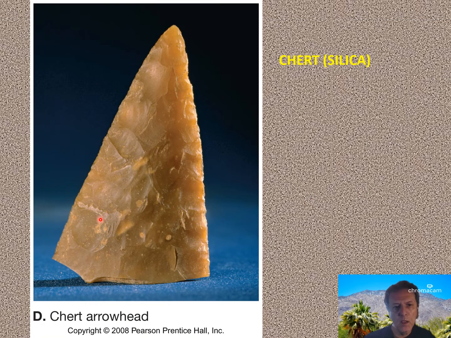Another type of biochemical rock is called chert. Chert, as you might guess, is sort of similar to, remember obsidian? Obsidian's that volcanic rock, it's very glassy. Chert is pretty similar. It's actually made of silica as well, but it's silica released and created by organisms which secrete and build shells not made of calcium carbonate, but shells made of silica.